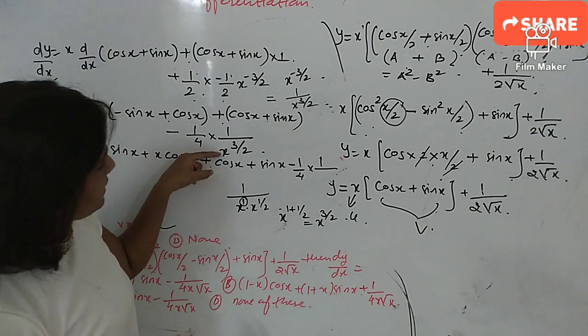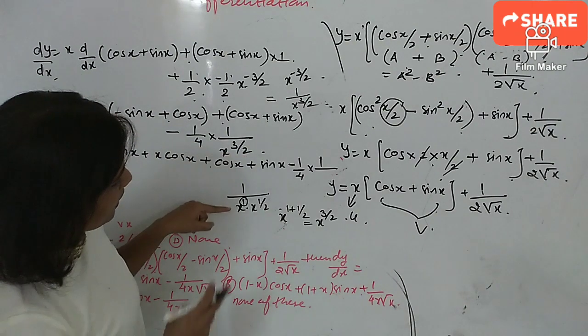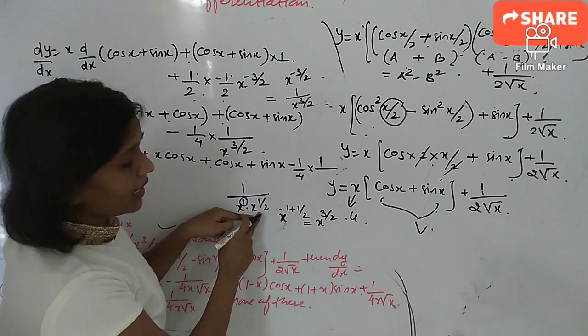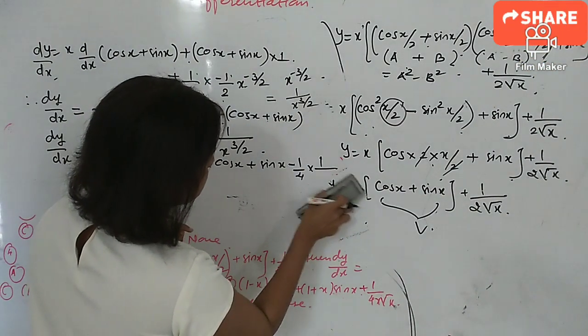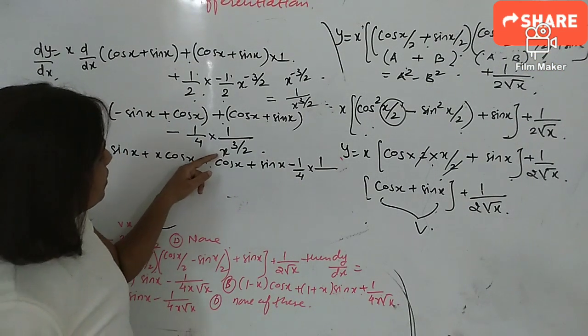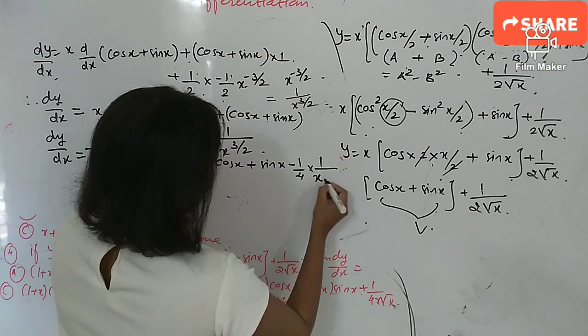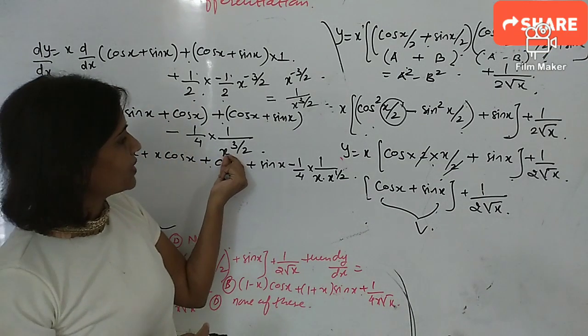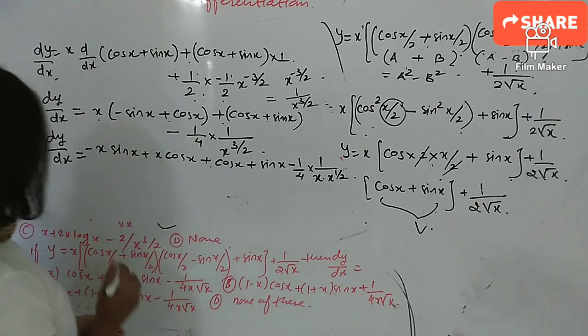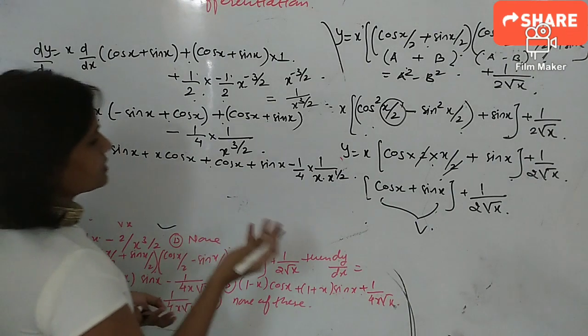Okay, so I can write this x to the power 3 by 2 in this form, x into x to the power 1 by 2. So x into x to the power 1 by 2 is the equivalent form of x to the power 3 by 2.